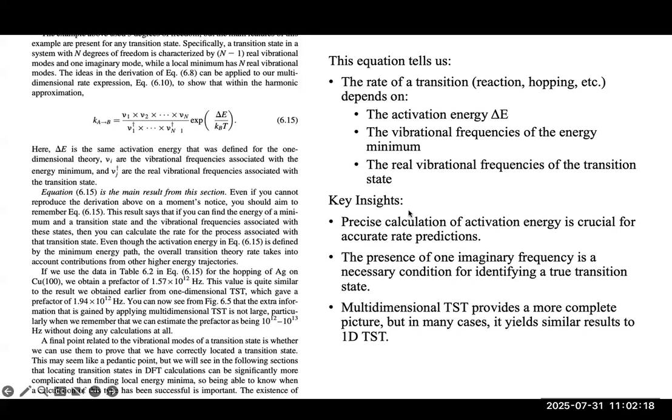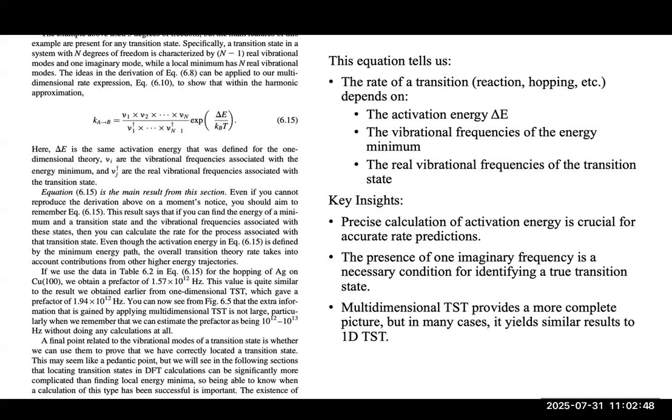Some key insights: precise calculation of activation energy is crucial for accurate rate prediction, and the presence of an imaginary frequency is also necessary. Multidimensional transition state theory provides a more complete picture, but in many cases it gives similar results to the one-dimensional theory.